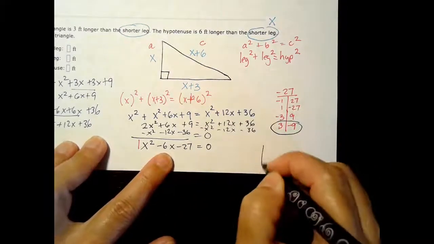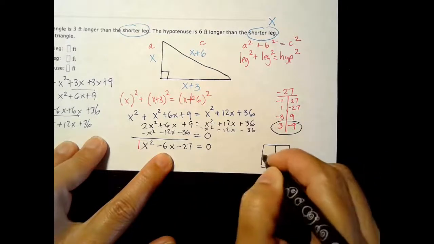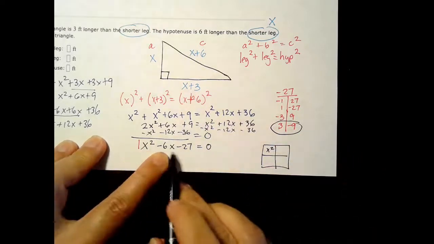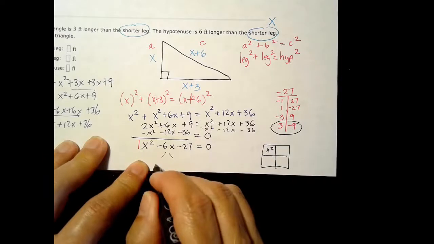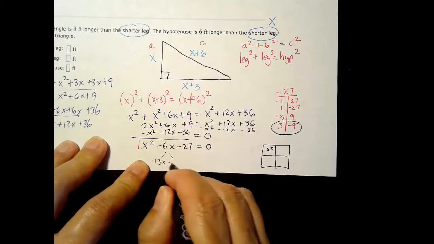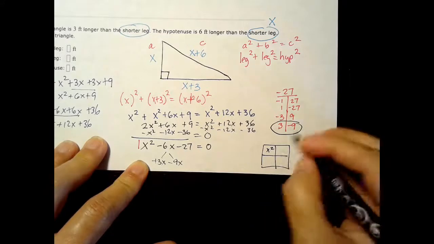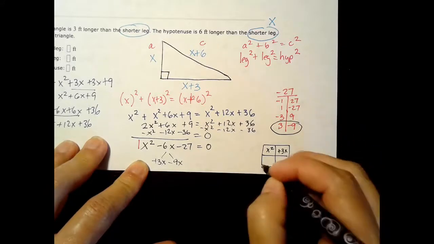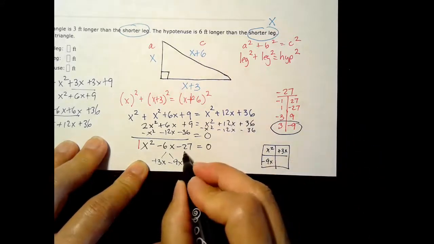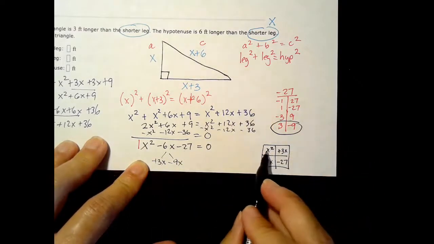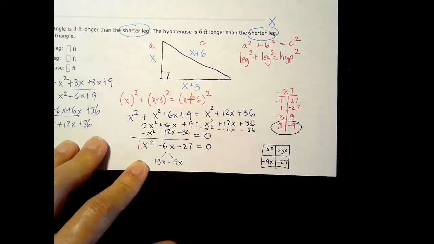So I can put them in my box. Okay, remember, I write the leading term here. I take the middle term and I break it up. This is plus 3x minus 9x, and those go on the diagonal. It doesn't matter where. And then my constant has to go diagonal to my leading term. So I have to have my first term here and my last term there.